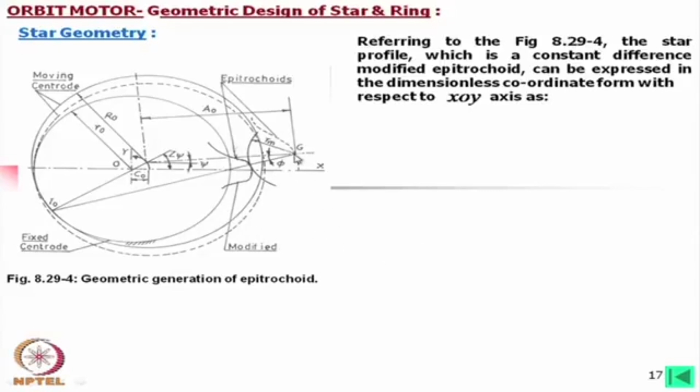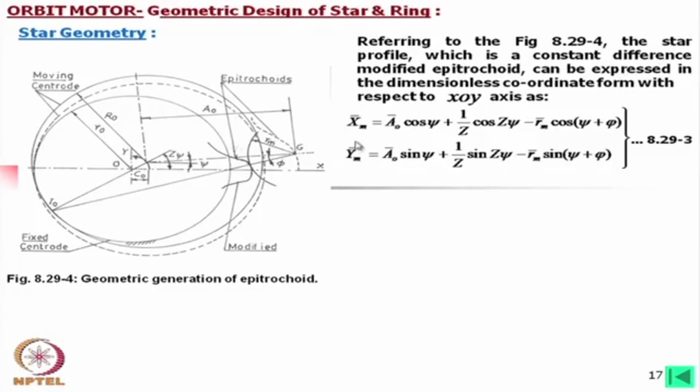We have taken this point outside, so it is called an epitrochoid. This point will generate a curve like this as we allow it to rotate. Therefore, we can have the equation of this curve, forgetting about this portion.